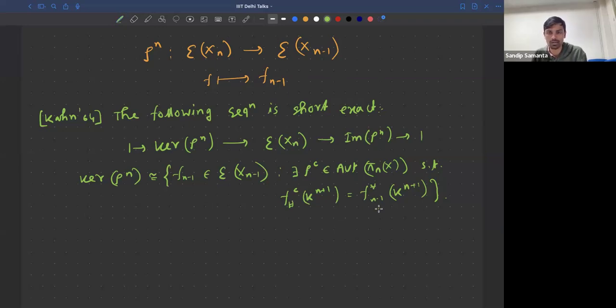Since fn−1 is an element here, in cohomology it will induce a morphism, and that's the condition here.